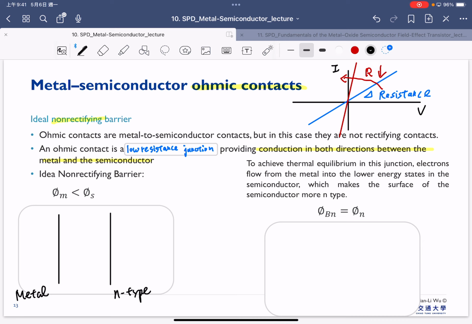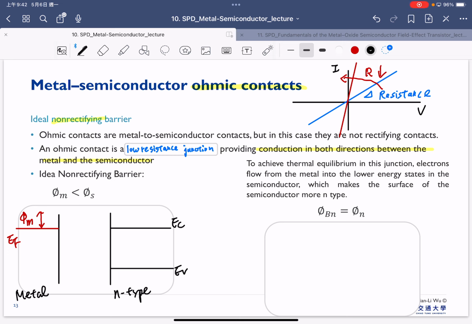On the left hand side, we have the metal work function, that's EF, and we refer to a certain place, and therefore we have a phi m here. On the right hand side, we have EC and EV.